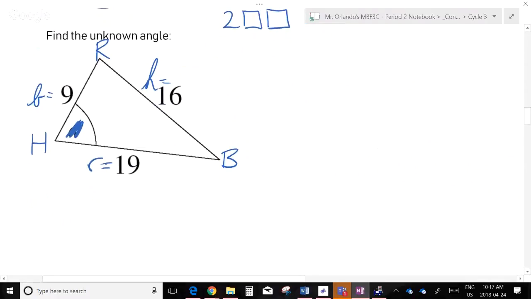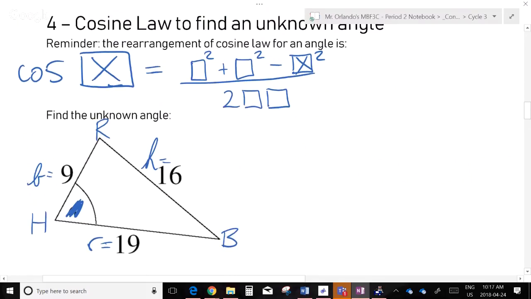All right. So I want you to take a minute and set this equation up. Given that we are trying to find what angle, we are trying to find H. So set this up. I'll start you off.